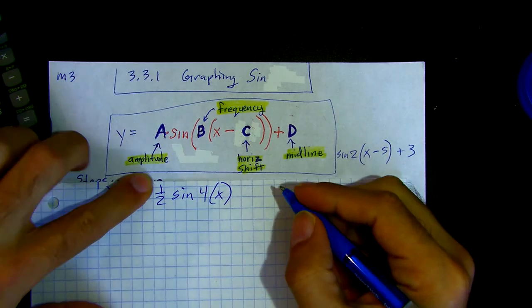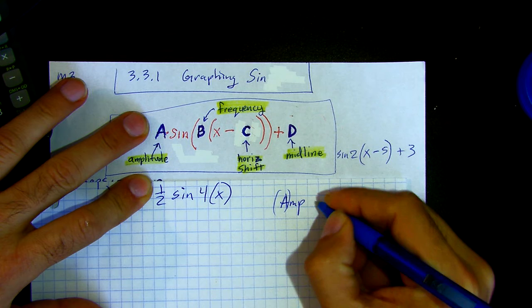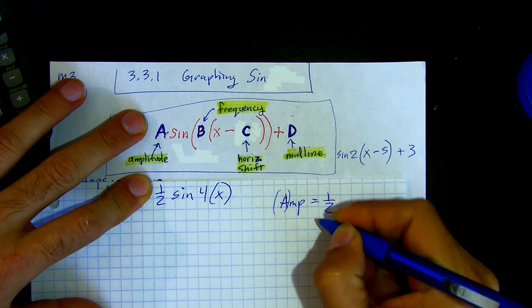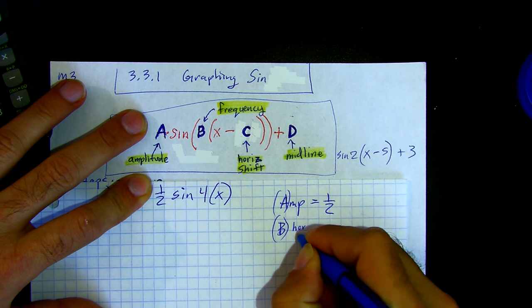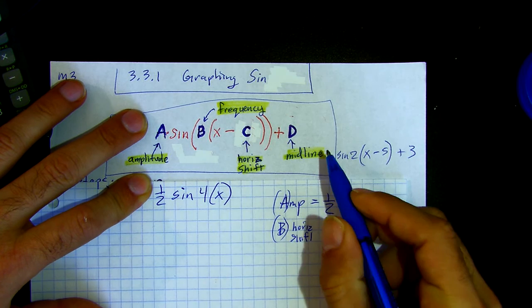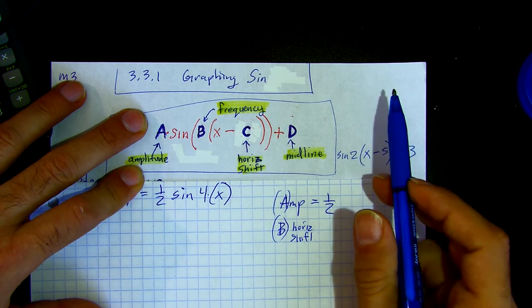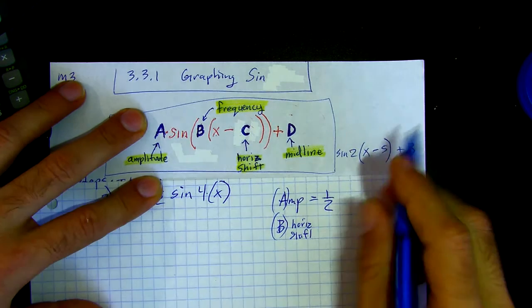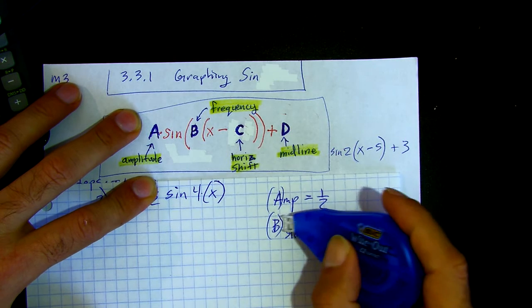So let's go through. What is A? Amplitude. A, amplitude is 1/2. B, horizontal shift. What is our horizontal shift? Oh wait, whoops. What am I doing?